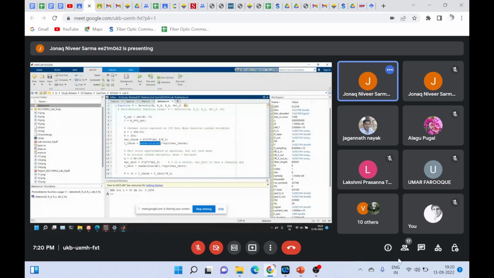Normal random variable of some dimensions, because here this input electric field has multiple samples. This function is handling all of the samples. So we will generate normal random variables, and to make sure they have the correct variance, I multiply this normal random variable by its standard deviation, which is the square root of its variance.